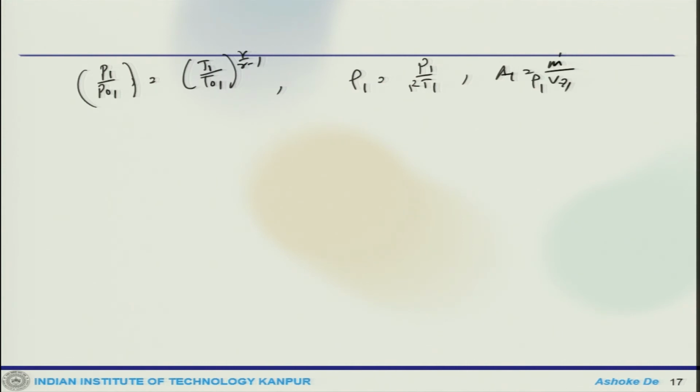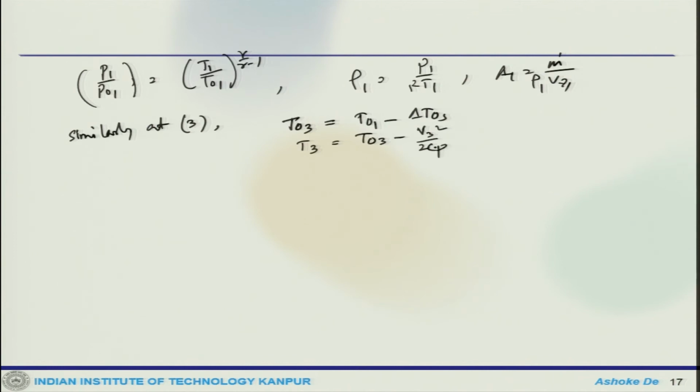Similarly, at 3 we get T naught 3 equals T naught 1 minus delta T naught s, and T3 equals T naught 3 minus V3 square by 2 Cp.